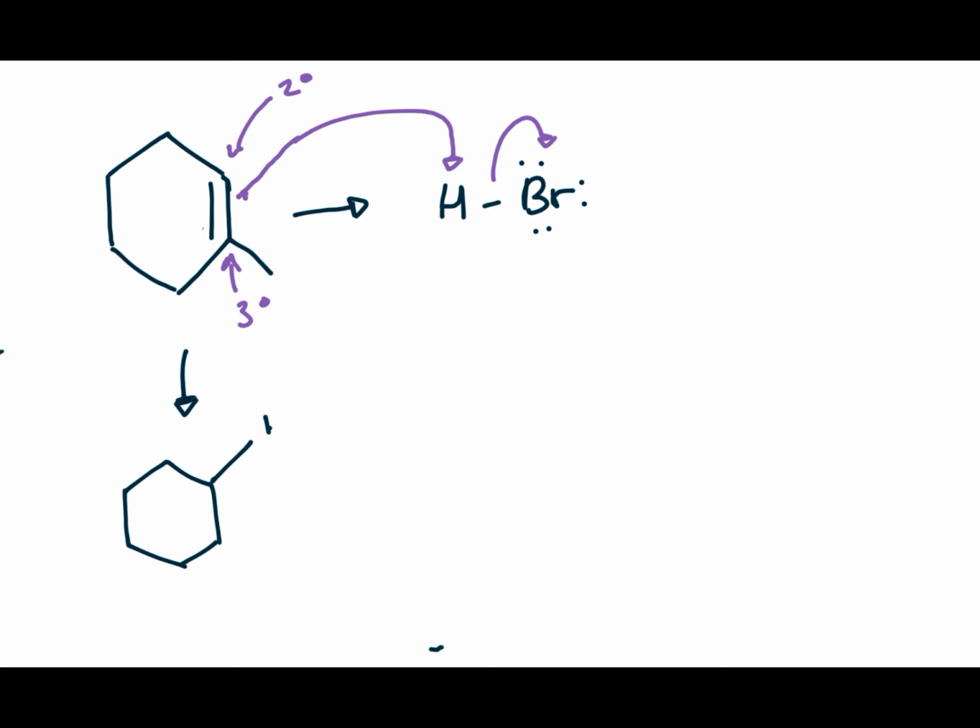So this will have the hydrogen, and that means that the carbocation will be left here in a tertiary position, so it is more stable there. And remember that we have this negatively charged bromine still here.